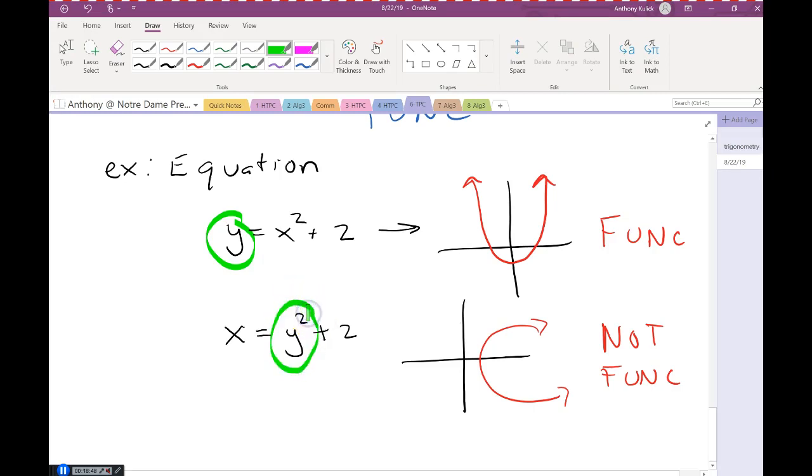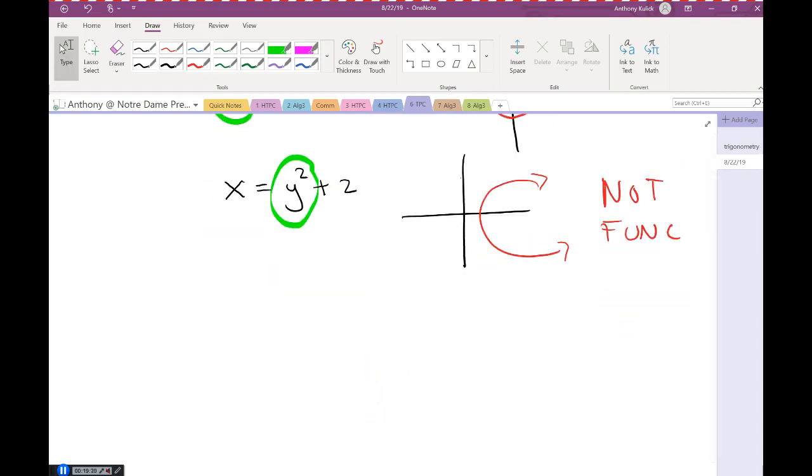If you see something going on with the y, though, like a y squared or a square root of y or a plus or minus y, those are all indications that we need to be a little bit careful and think about exactly what we have here, because it's very possible you have something that's not a function. So if something's kind of happening to the y, other than like addition and subtraction, it's very possible you're looking at something that's not a function. But let's do a couple more examples, okay?